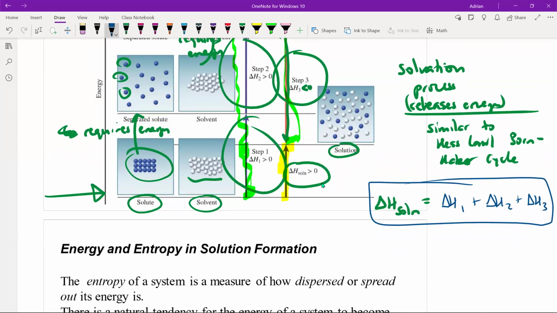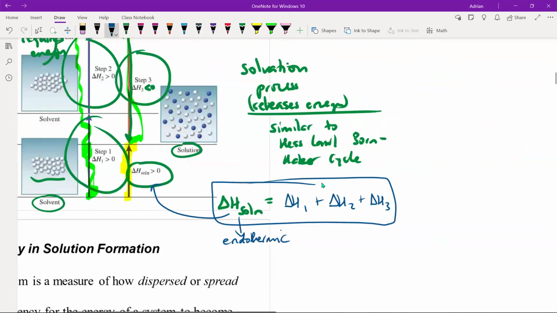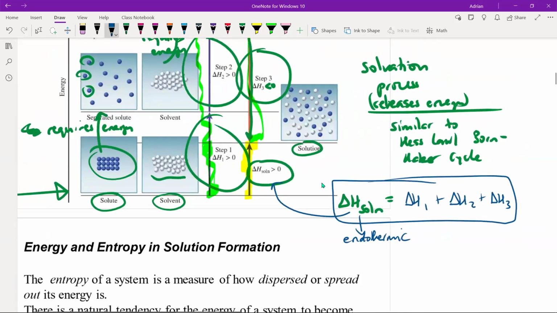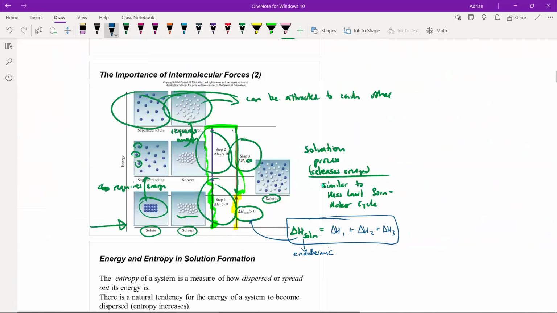So in this particular example, the delta H for this solution here is greater than 0. So we can conclude that this is an endothermic process. This example could also be exothermic, depending on how much energy is released when the solvation process occurs.